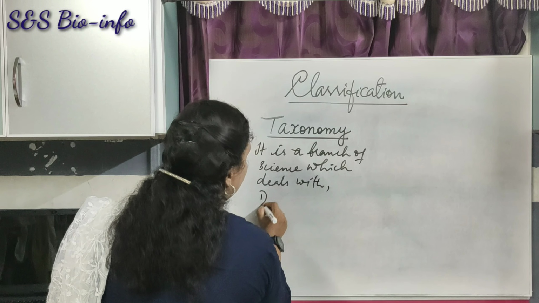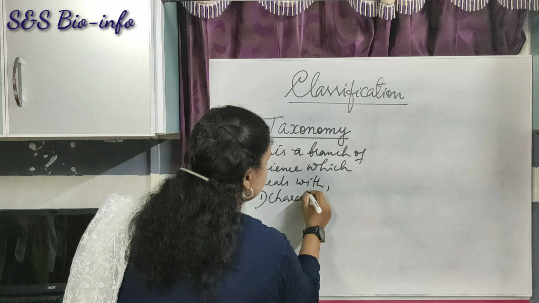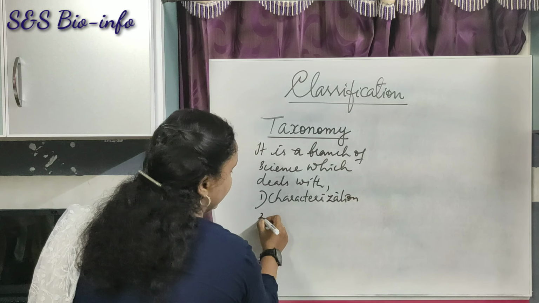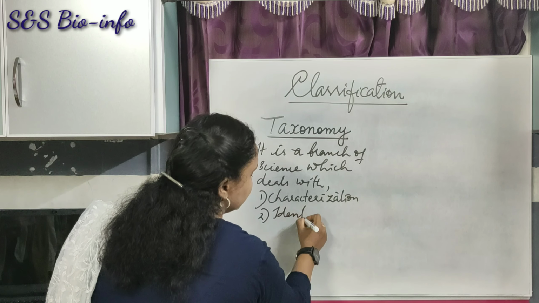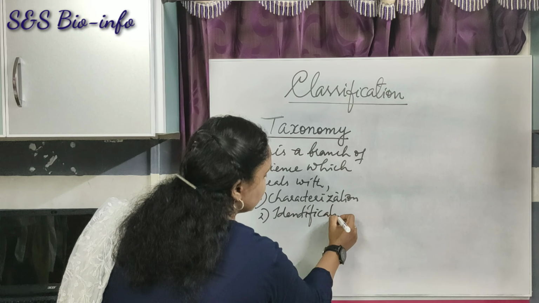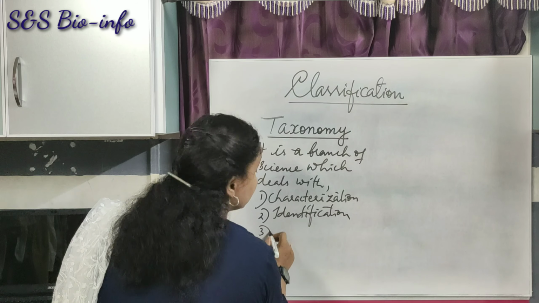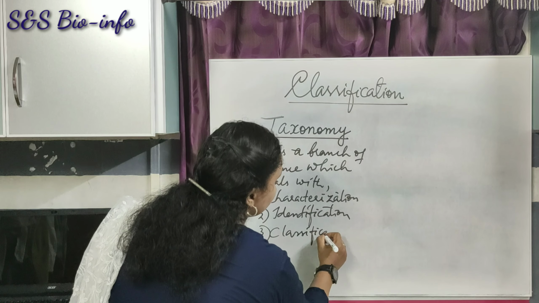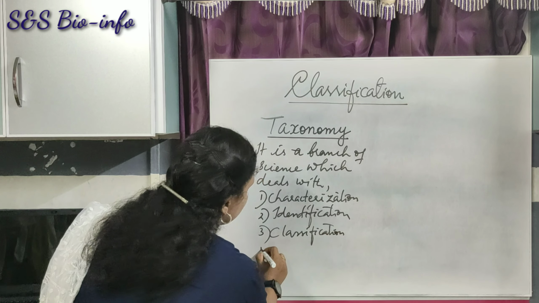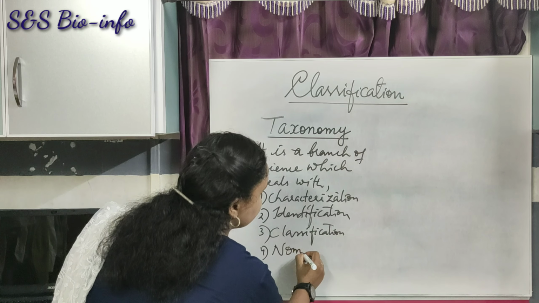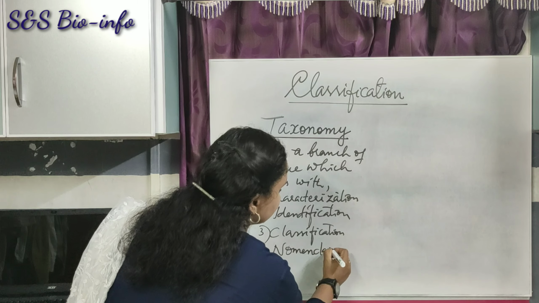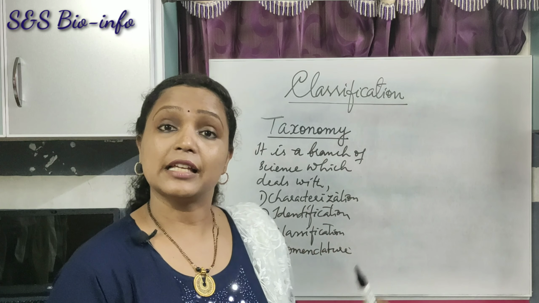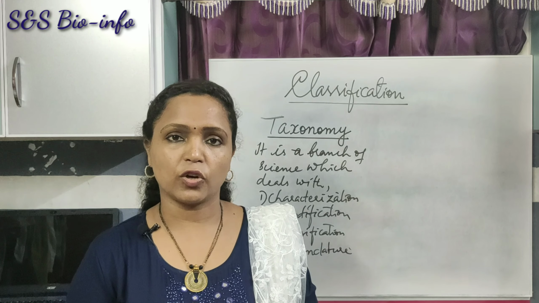First of all, characterization. Second one, identification. Then classification and nomenclature. These are the processes that are basic to taxonomy.